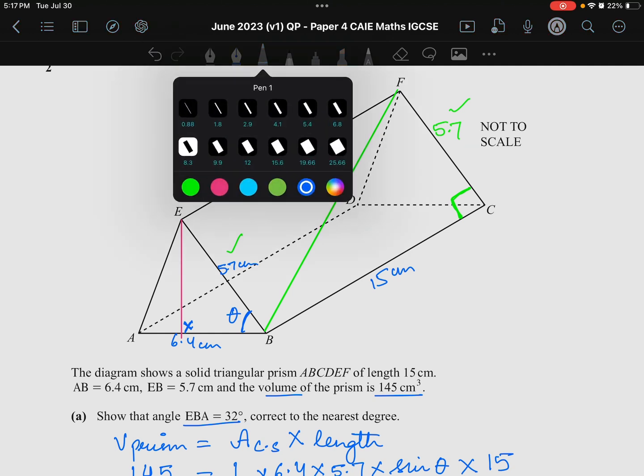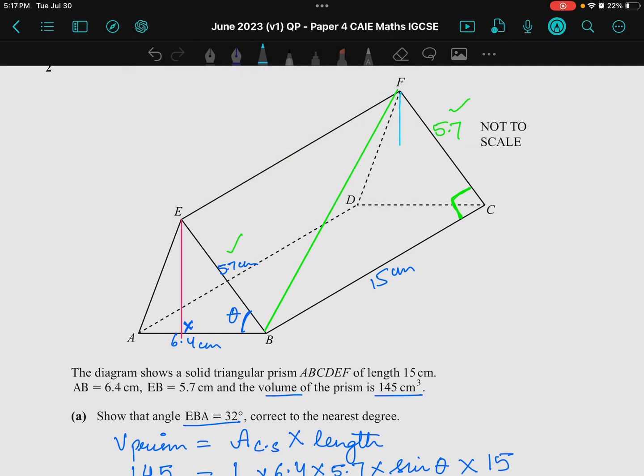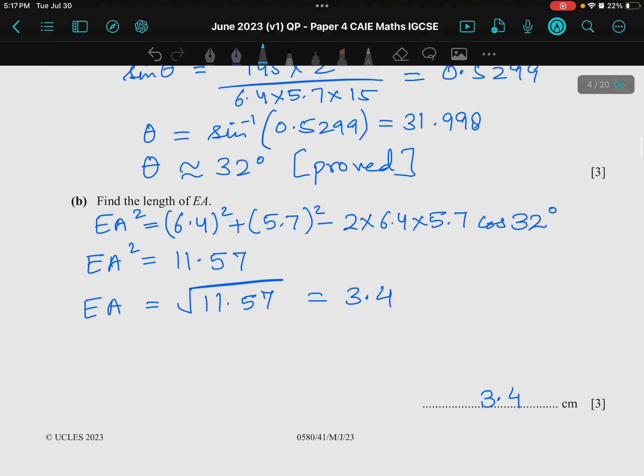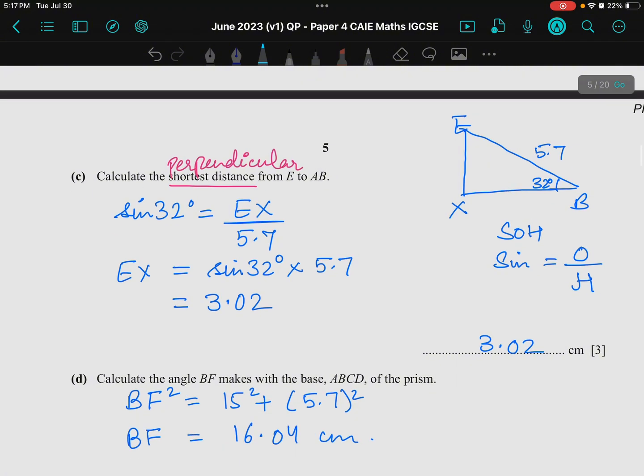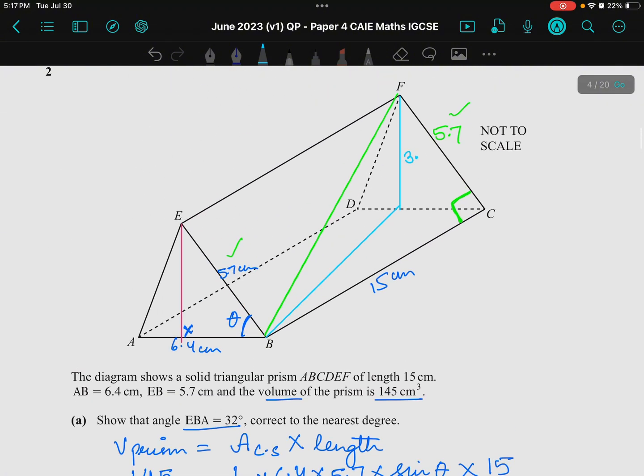So what you can do, drop a perpendicular from here to here and then join B to this point. So this side is also, how much we have calculated? 3.02 equals to EX, 3.02 centimeter.